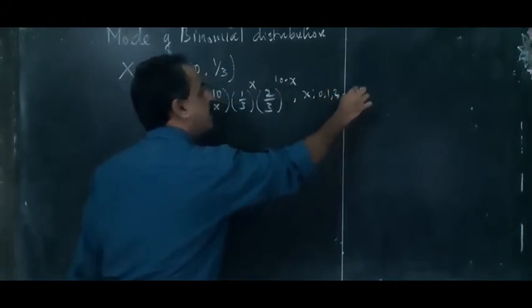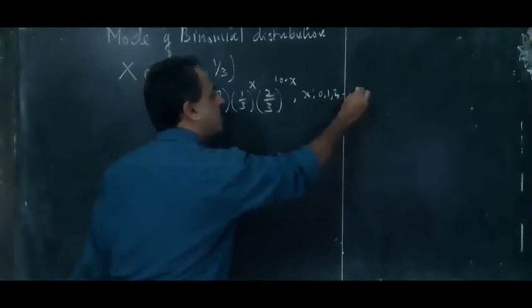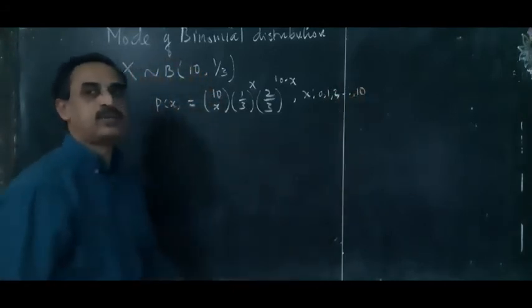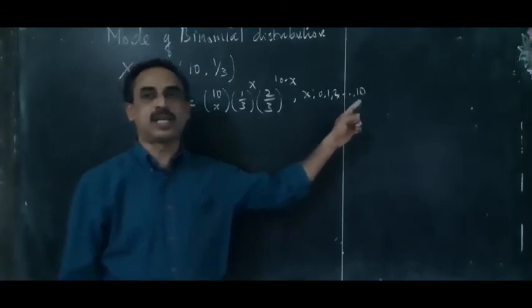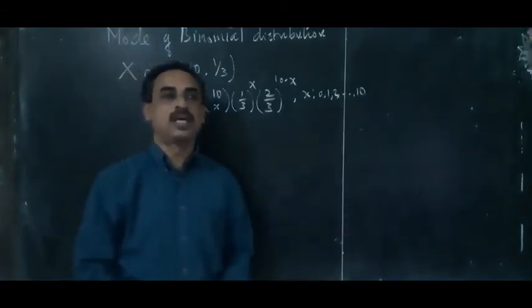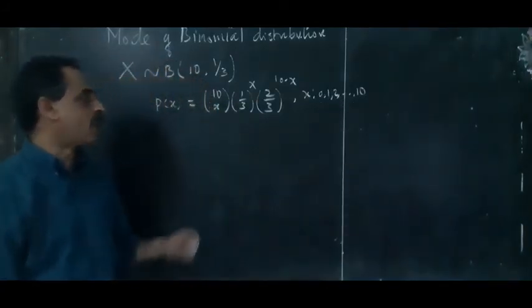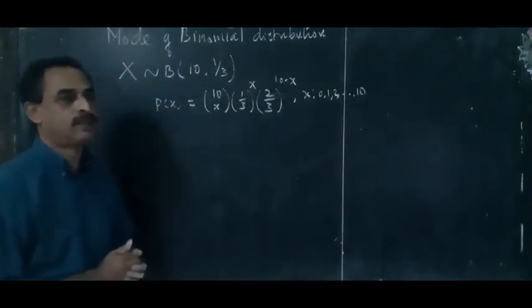You can see that the mode of this binomial distribution is one of the values 0, 1, etc., 10. And by definition, at this point the probability will be highest.